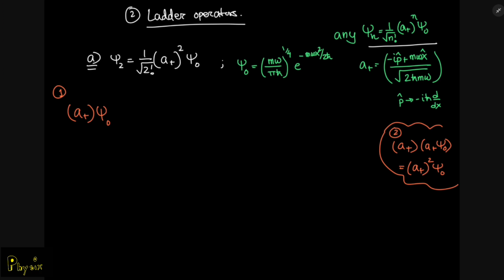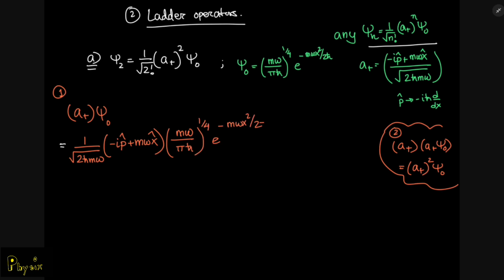So a plus on psi of 0 would basically be 1 over the square root of 2 h bar m omega times negative i p plus m omega x, times psi of 0, which is m omega all over pi h bar to the 1/4 times e to the negative m omega x squared all over 2 h bar.